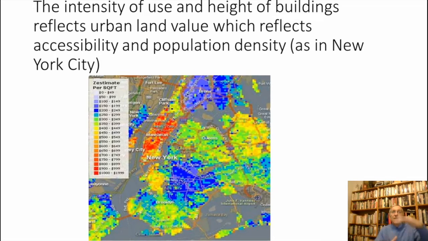The height of the skyscrapers reflects the value of the land, and the value of the land reflects its accessibility, how many people can get to it. If you're off in a corner somewhere, that land is not as valuable as if you're right downtown where everybody can get to you from every direction.